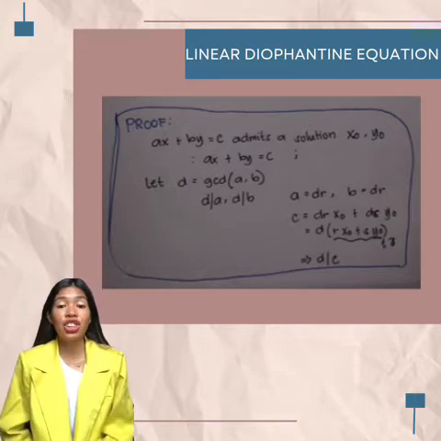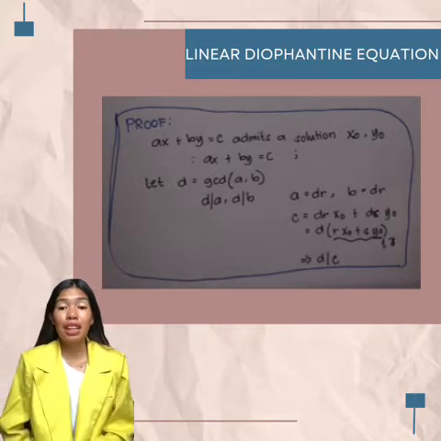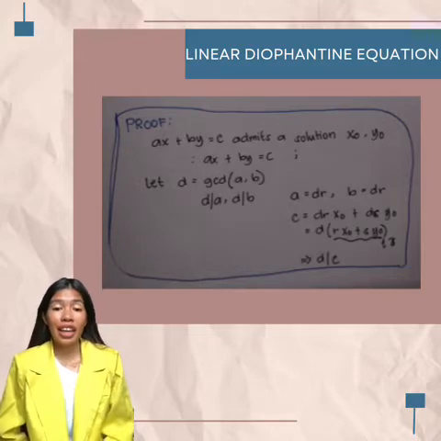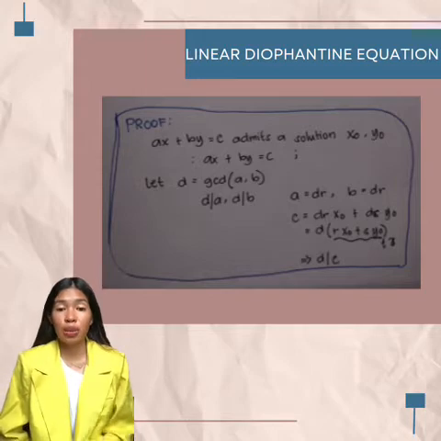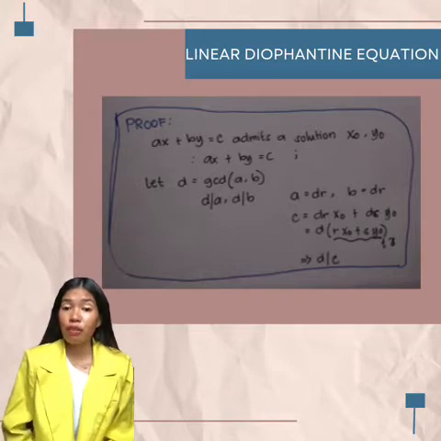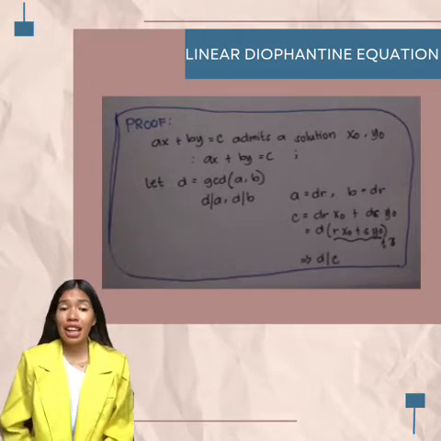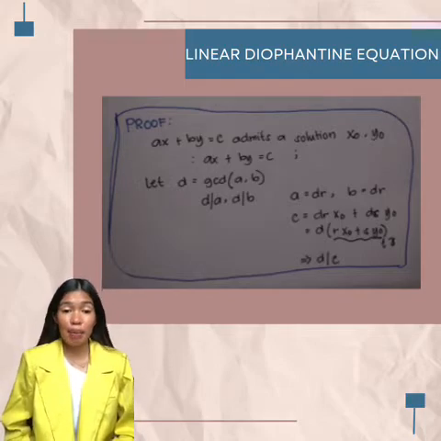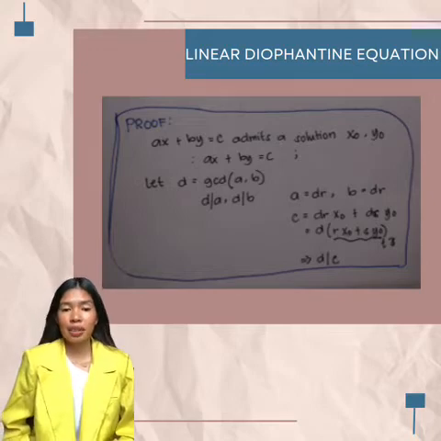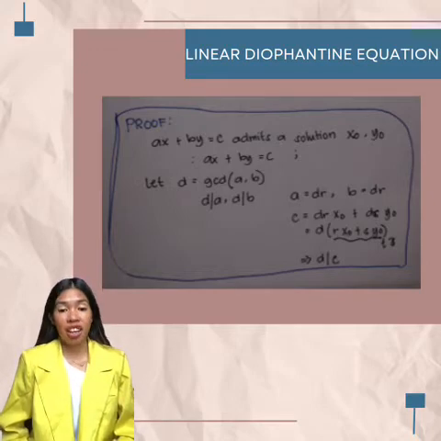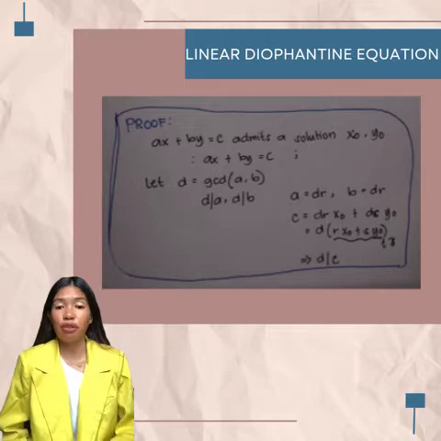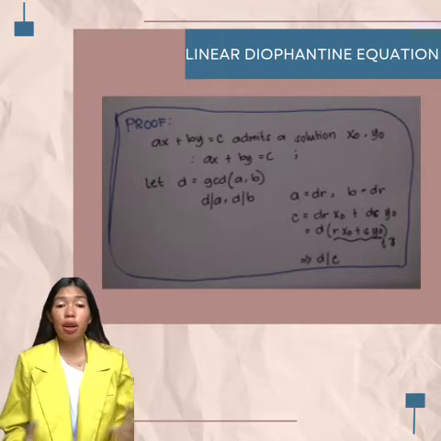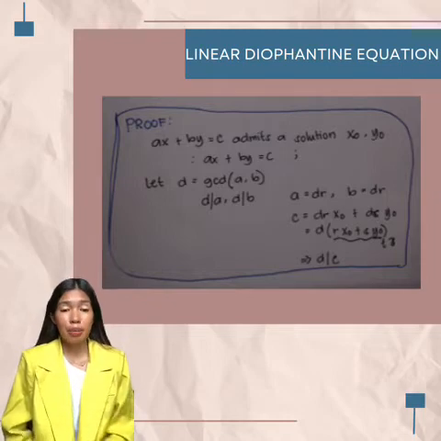So whenever D is the GCD of A and B, we know D must divide A and D must divide B. And I can also write A is equal to dr and B is equal to ds. So just substitute the values of A and B. In this case, we know that C is the same as A x naught plus B y naught, which is dr times x naught plus ds times y naught.